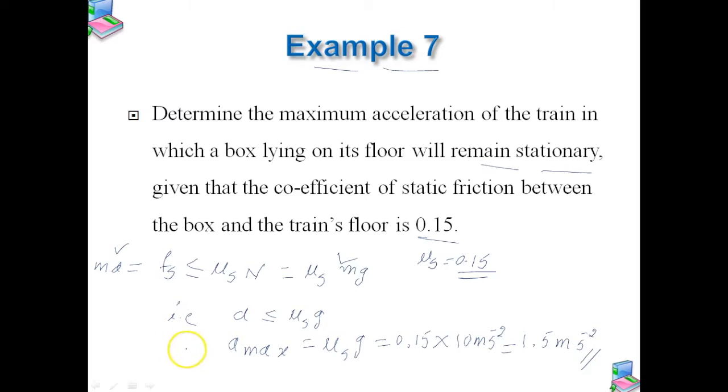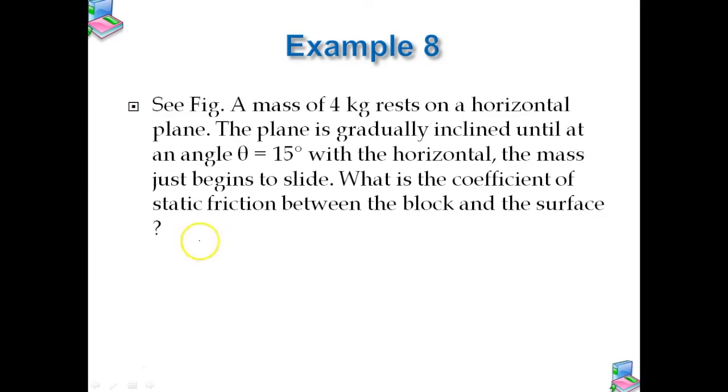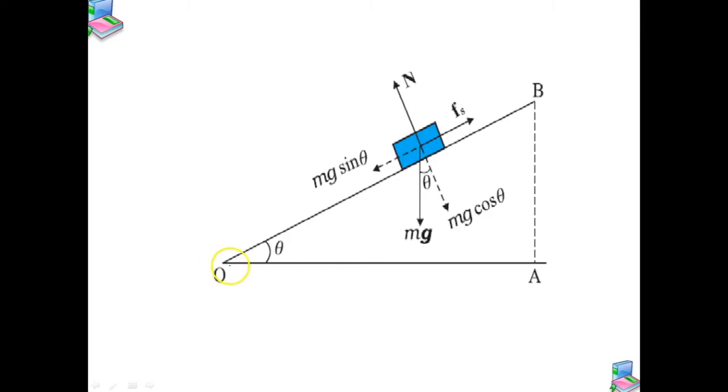So now let us consider one more simple problem. You just see the figure, then only you can understand the question. A mass of 4 kg rests on a horizontal plane. The plane is gradually inclined up to an angle of 15 degree with the horizontal, and the mass just begins to slide.